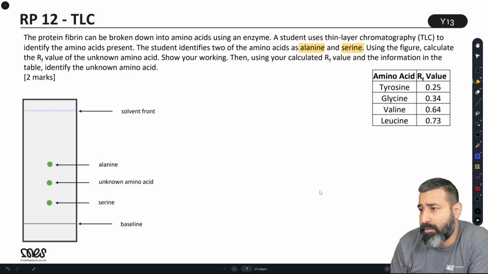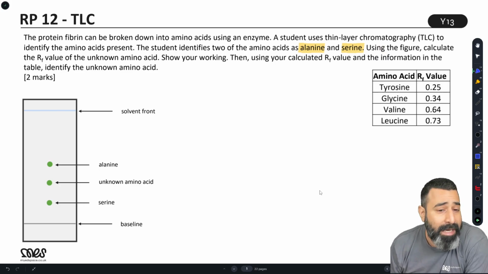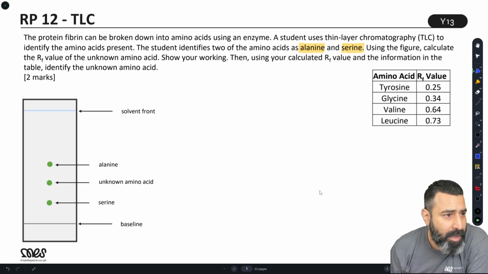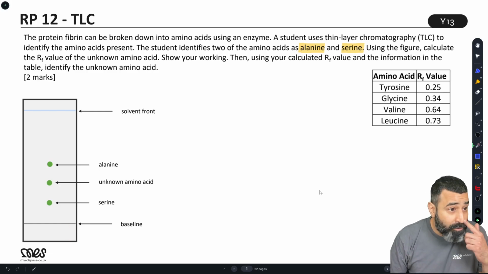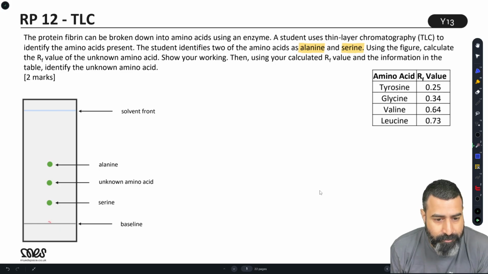So just going through a little bit of background in TLC. We'd get a TLC plate or some chromatography paper, and then we're going to draw a baseline around 1 centimeter up from the bottom of the TLC plate or the chromatography paper. Then using a capillary tube, we're going to blot a spot of the mixture that we're separating on the baseline.